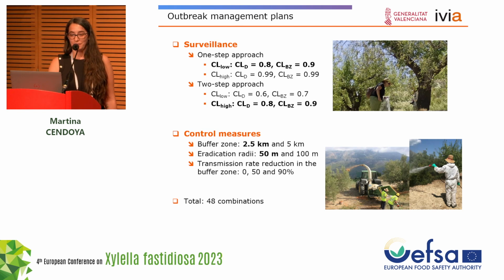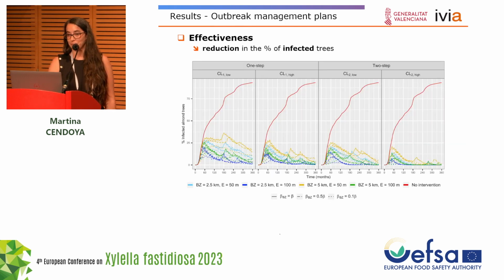And also we have included this transmission rate reduction in the buffer zone, which can be interpreted, in line with what Donato Boscia presented this morning, as other control actions such as vector control or the effect of inoculum reduction.